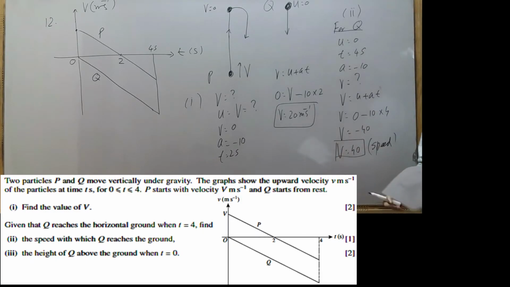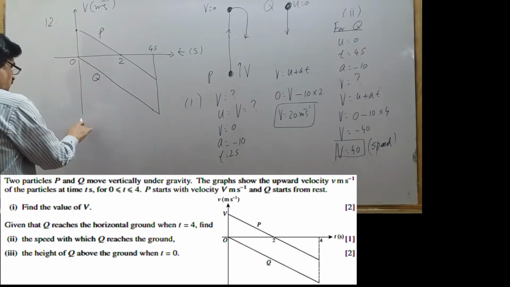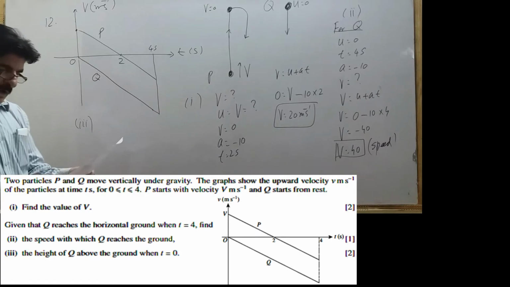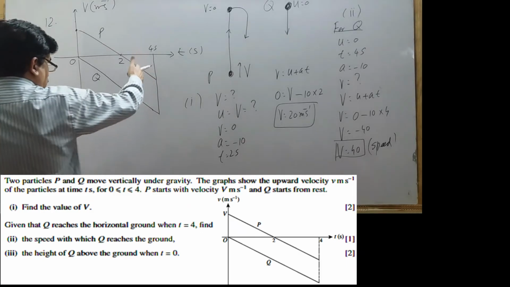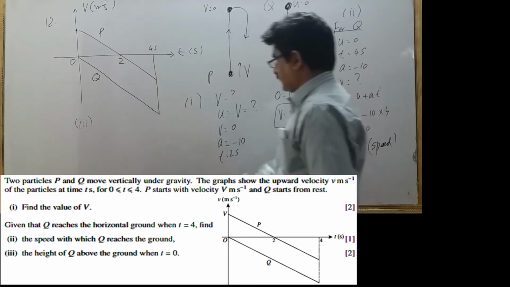This is a very important point. Then we have the last part, I am doing over here. We have the third part. In the third part, height of Q above the ground when t is equal to 0. So you can find the area of this triangle as well.